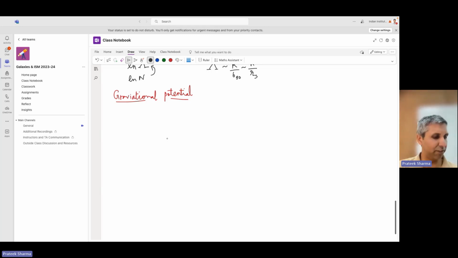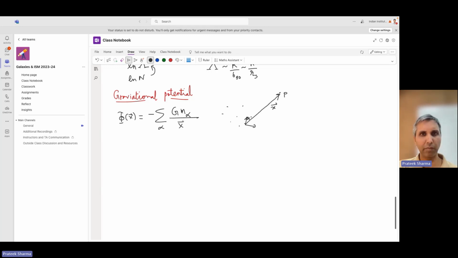So if you have a bunch of particles, and you want to calculate the gravitational potential due to them, with your coordinate system, and this is your, say, x, then your phi of x is, of course, minus the summation over alpha of G m alpha over the magnitude of x minus x alpha.